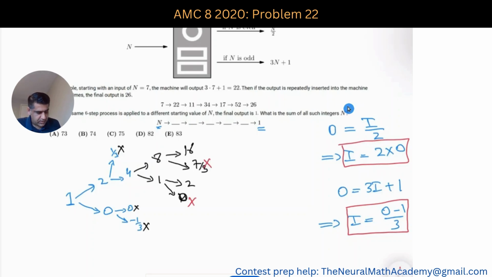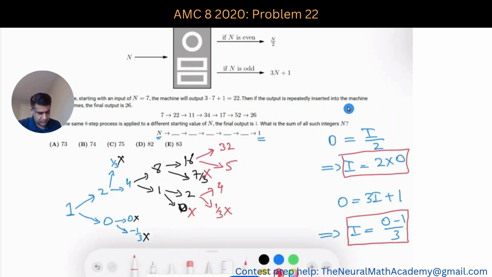And now if I apply again to this 16, I get 32, and I get 5. For number 2, I get 4, and I get 1/3. So 1/3 is not a possibility.